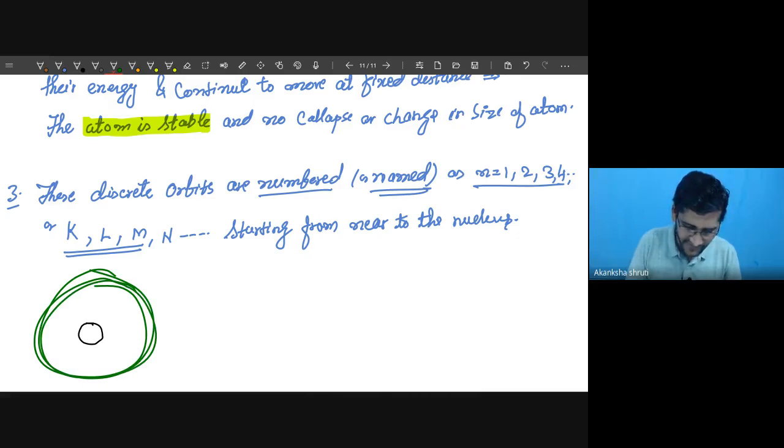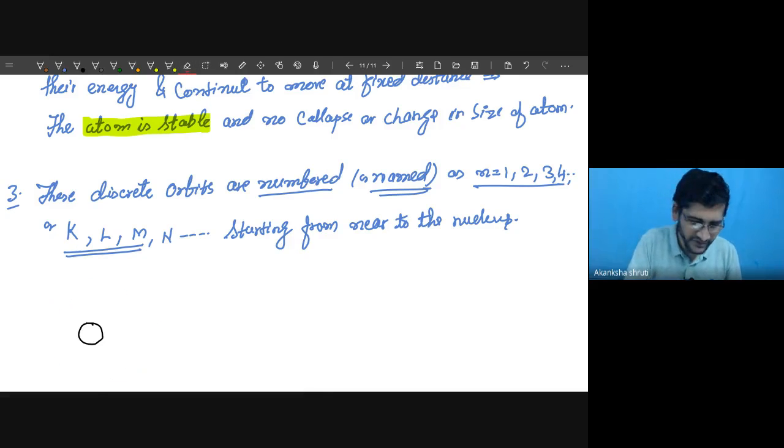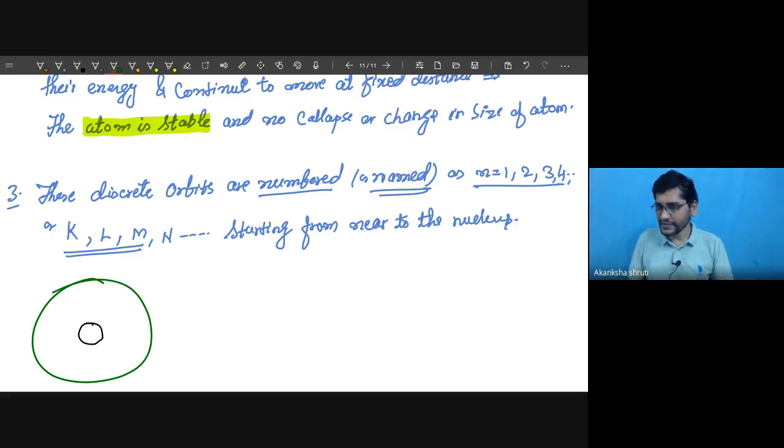Sorry. So consider this as the atom. Still not very circular. Let me try once more. Let us consider this is the atom. It simply means this dark region will contain the proton, which is the positive charge.